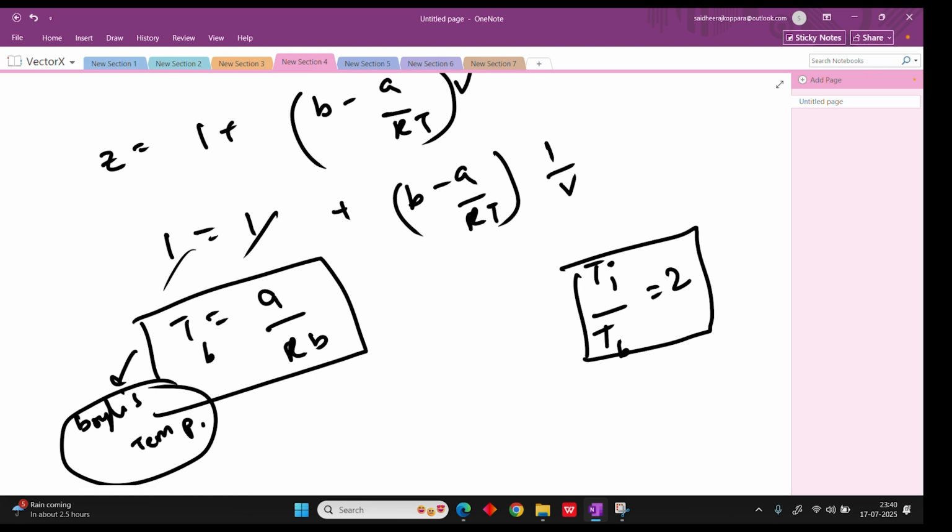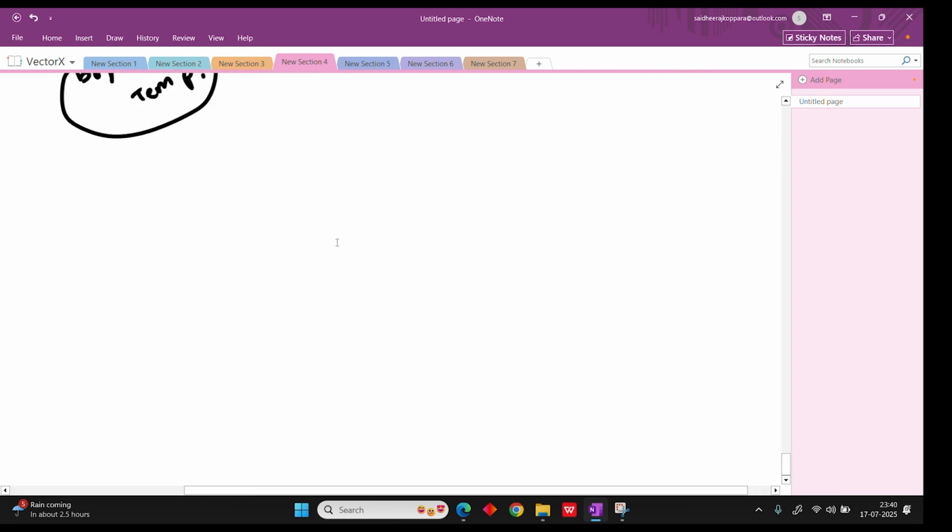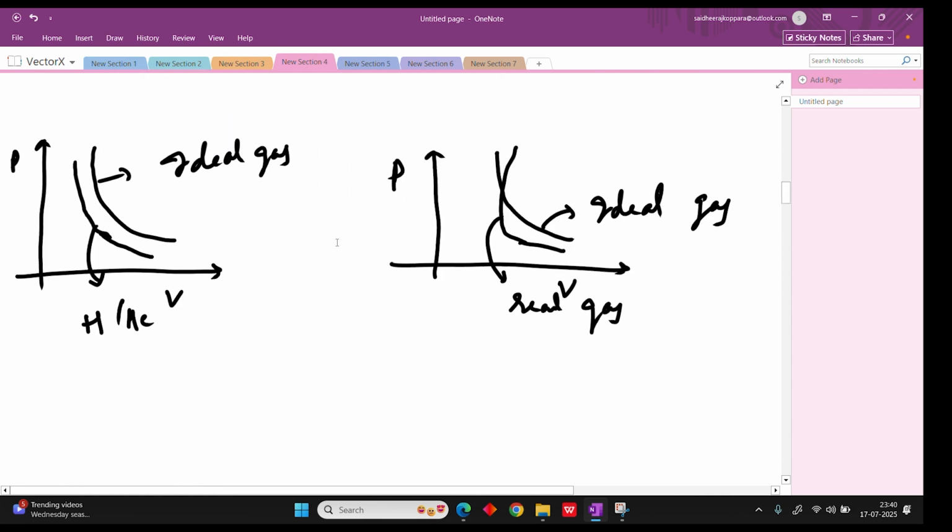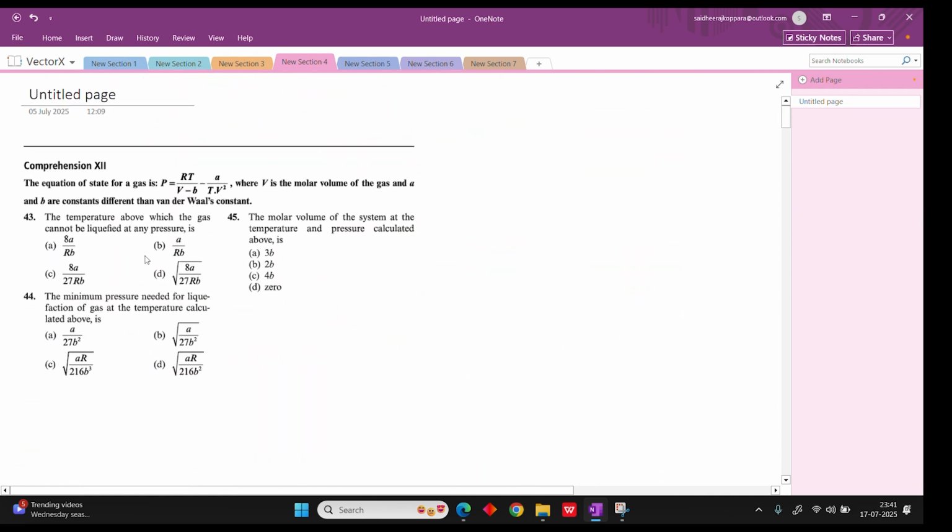Okay, so it's TI by TB, and sometimes you might be asked about it. Just remember the value of inversion temperature. It's 2a by Rb. Okay, and Boyle's temperature is a by Rb. This is what I wanted to discuss about the virial equation.